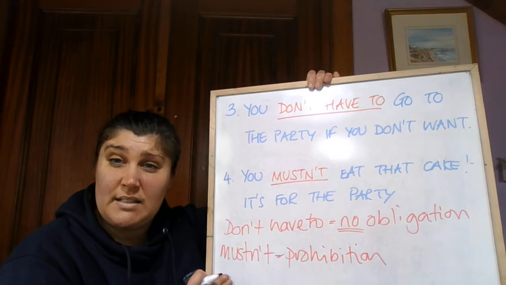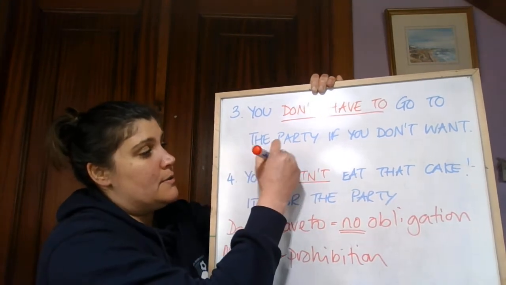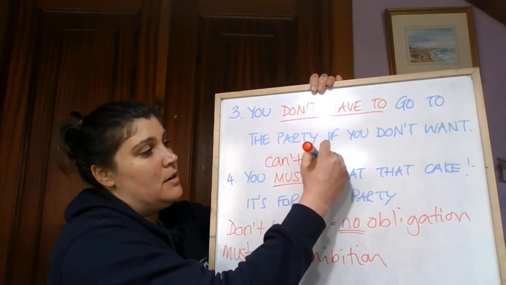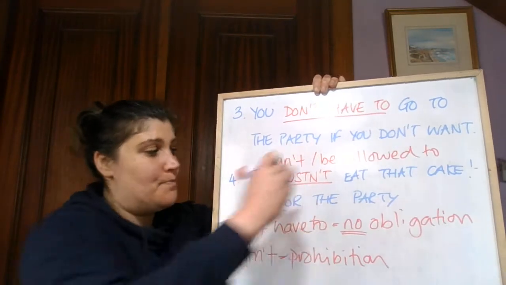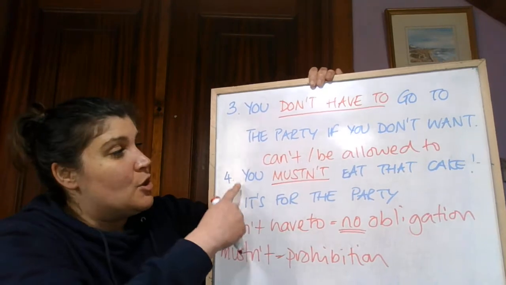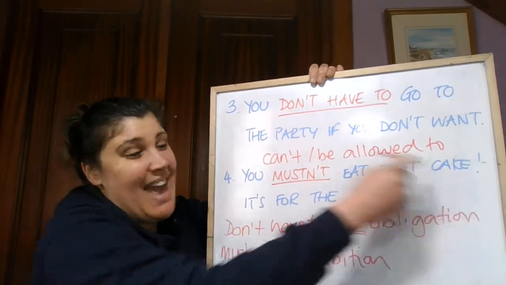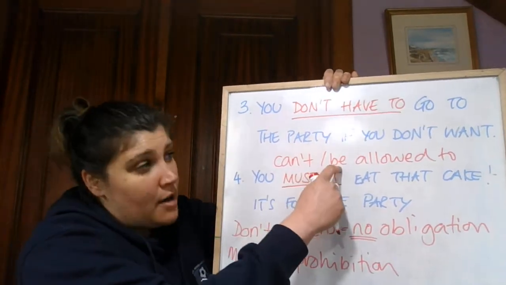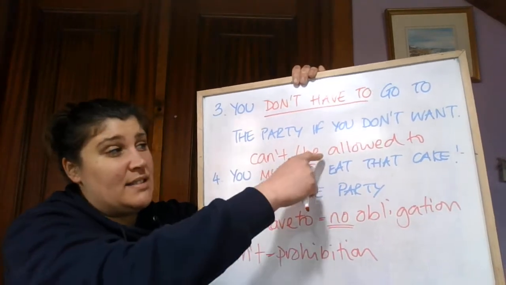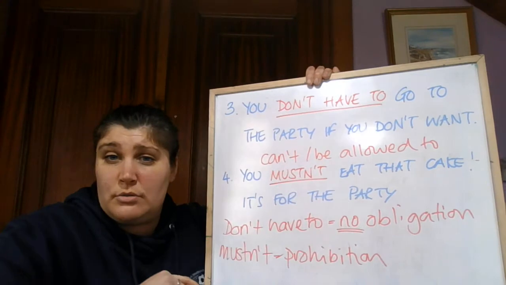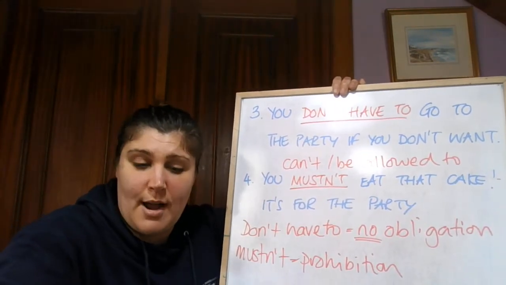Now with mustn't, we can also use can't or be allowed to. For example, you can't eat that cake. You aren't allowed to eat that cake. Can't, mustn't, not be allowed to, it's all the same. All right, fairly simple?